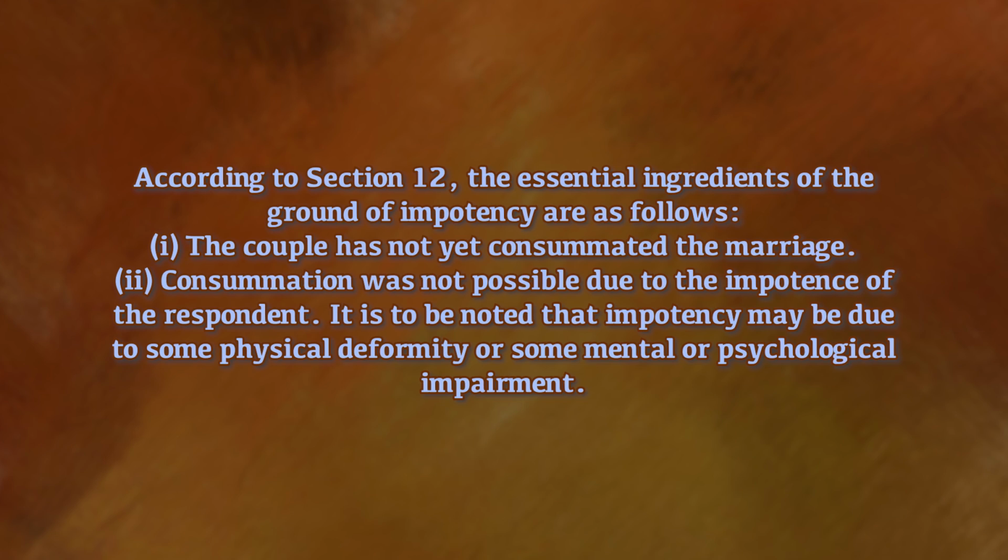Firstly, the couple has not yet consummated the marriage. Consummation was not possible due to the impotence of the respondent. It is to be noted that impotency may be due to some physical deformity or some mental or psychological impairment.